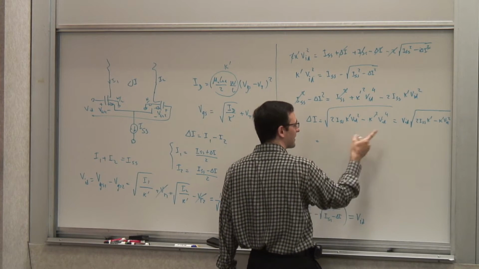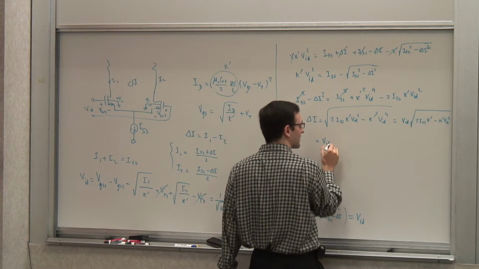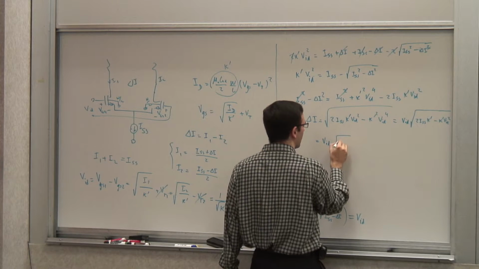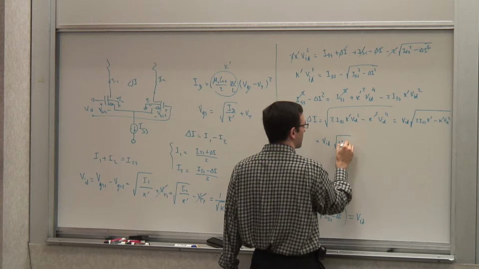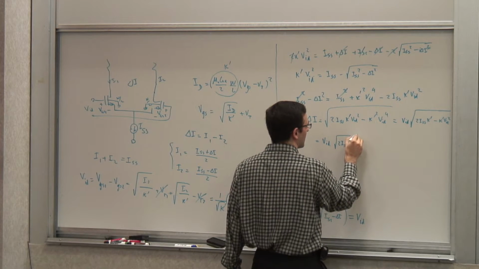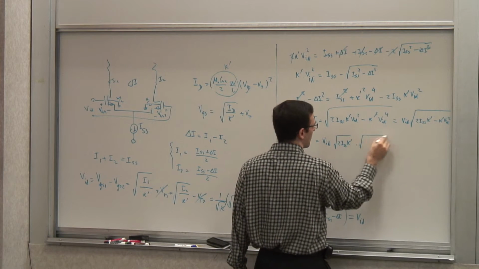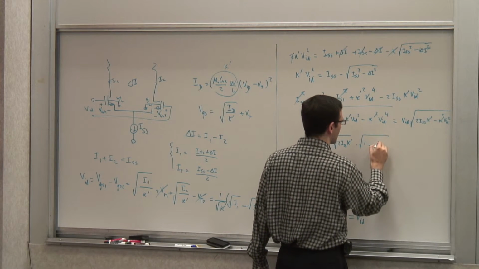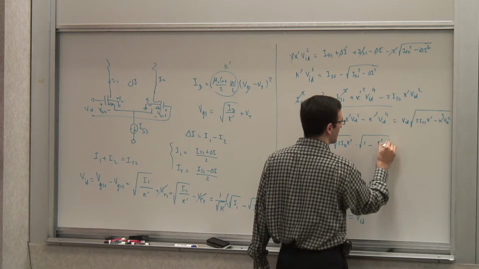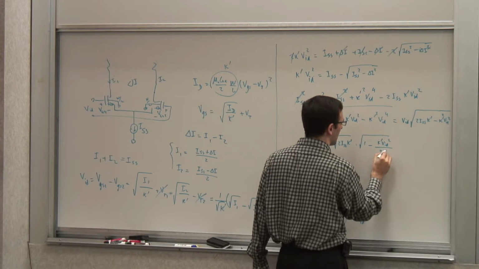Actually, I can even factor that part out. So I'd say VID, let's factor that part out. Square root of 2 ISS K prime times square root of 1 minus K prime, there's a K prime VID squared divided by 2 ISS.